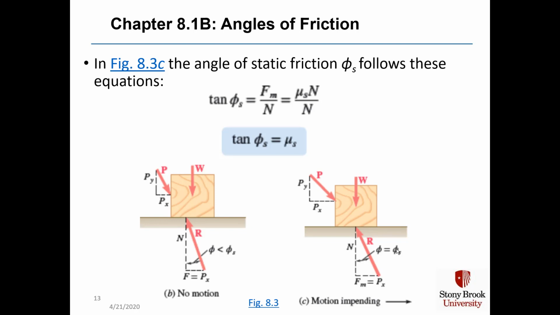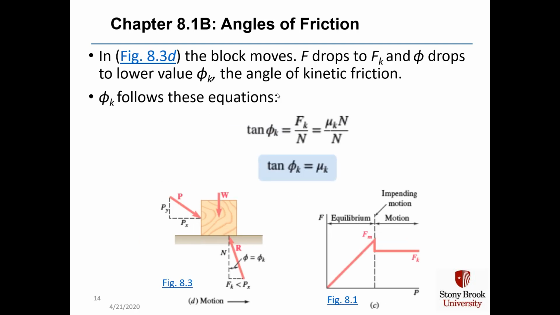The tangent of phi sub s, which is just opposite over adjacent, is equal to F sub m, where F sub m equals P sub x divided by N, the normal force. But because F sub m equals mu sub s times N, we have a simpler equation: tan phi sub s is equal to mu sub s.